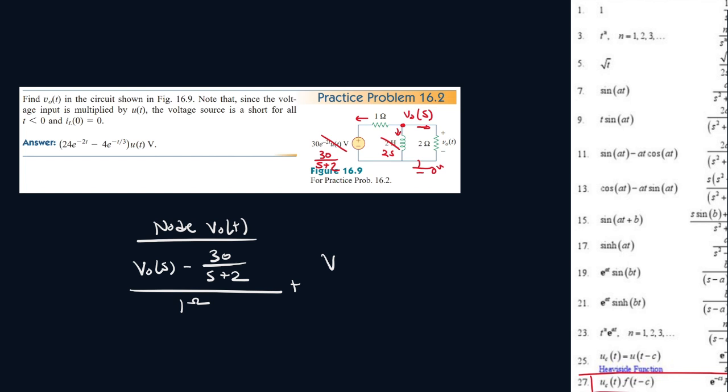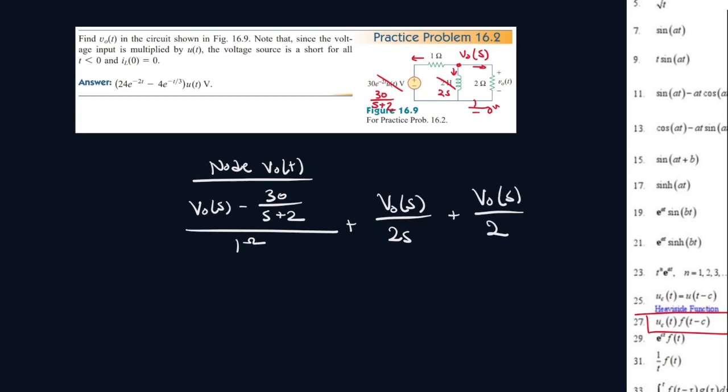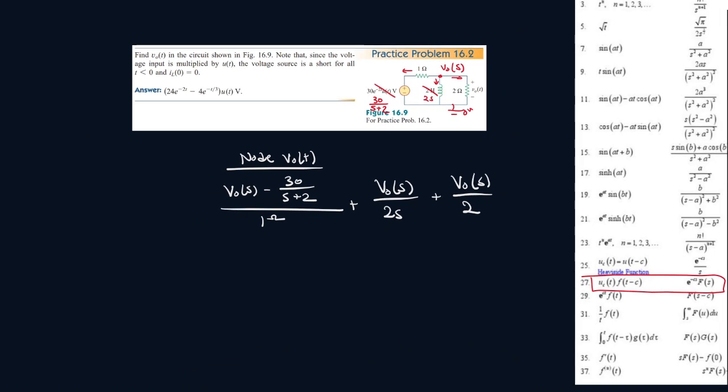So it'll be VOS over 2s plus VOS all over 2. Okay? So this is all over 1, so we can just ignore that. Let's factor the VOS. And let's bring this to the other side.